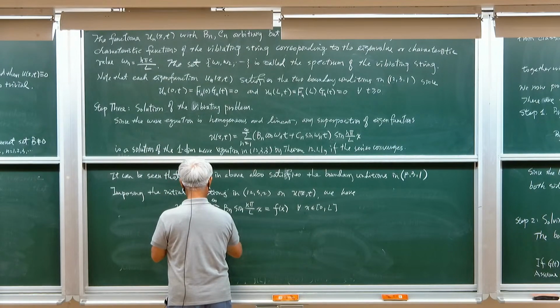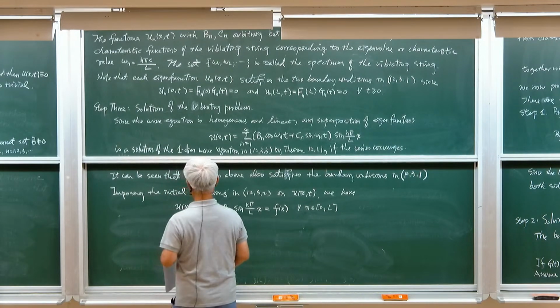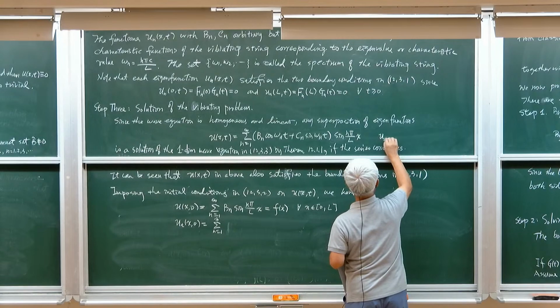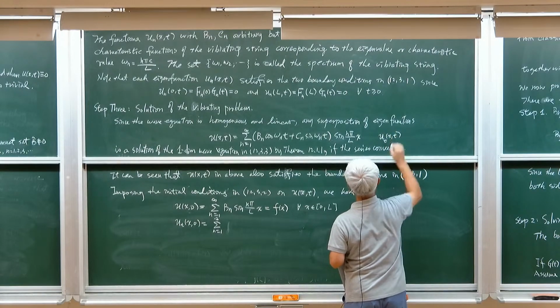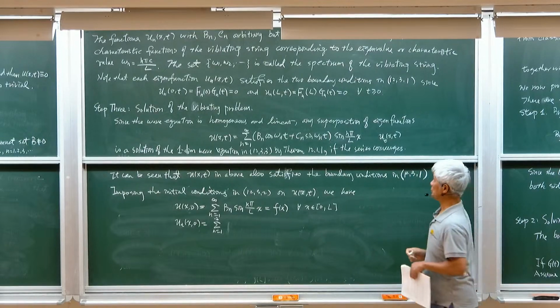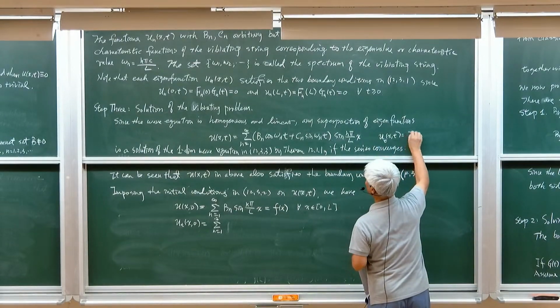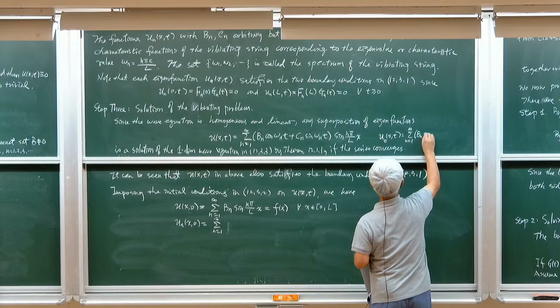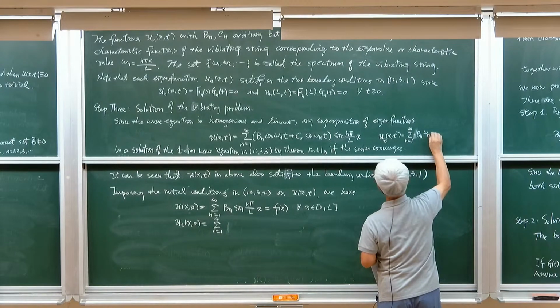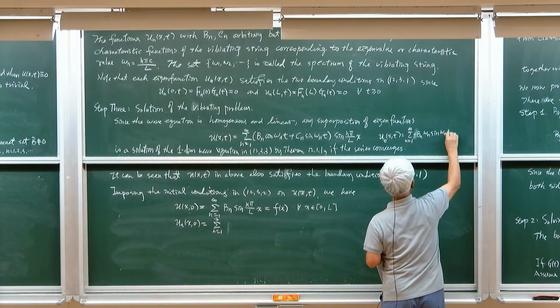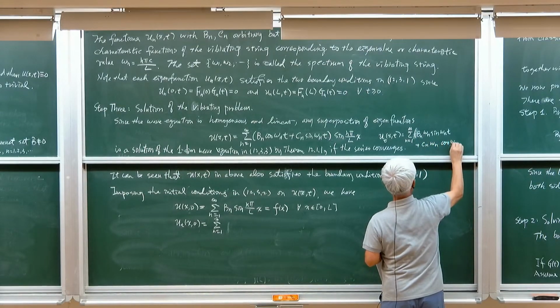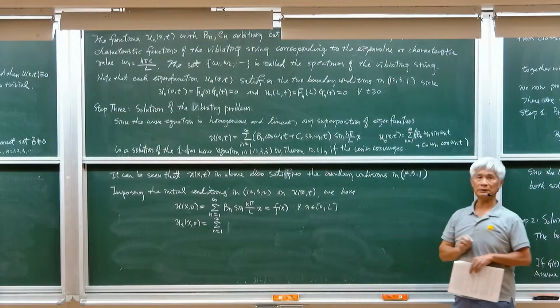If we take the partial derivative with respect to t, we get minus Bn omega n sine omega n t plus Cn omega n cosine omega n t. All right, so this is the derivative.